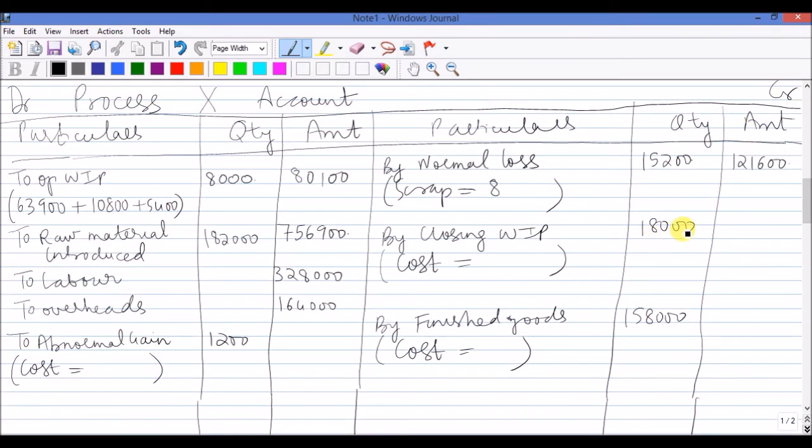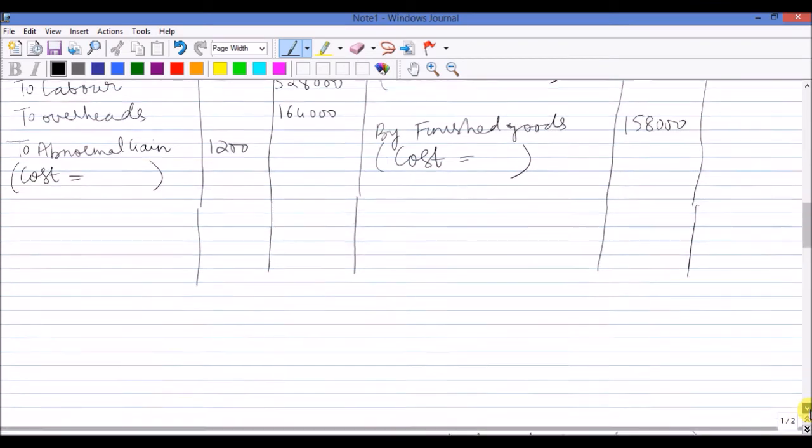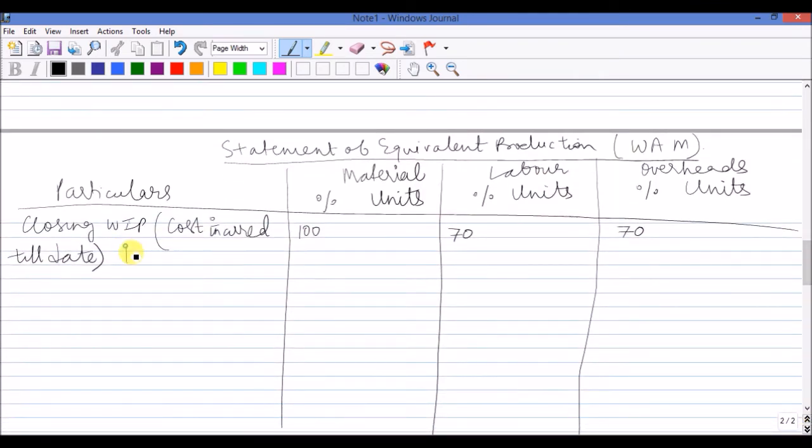We have 18,000 units. So 18,000 units, 100% is 18,000 units. 18,000 into 70% is 12,600, and 18,000 into 70% is again 12,600. So this is the closing work in progress.